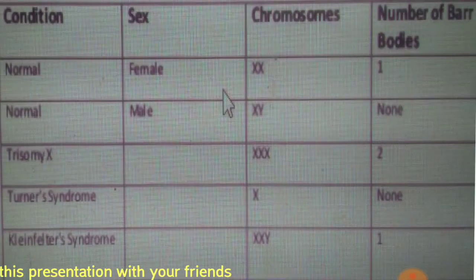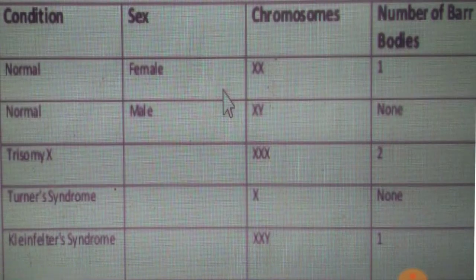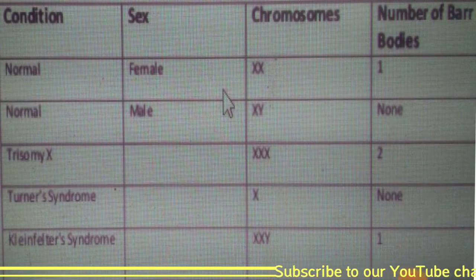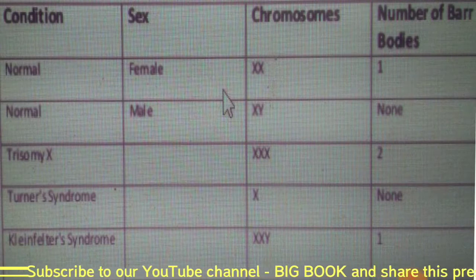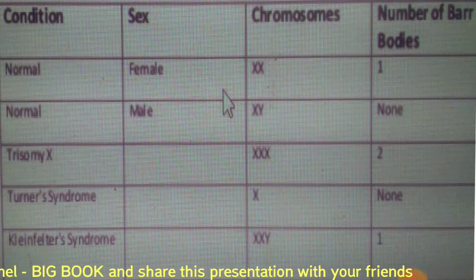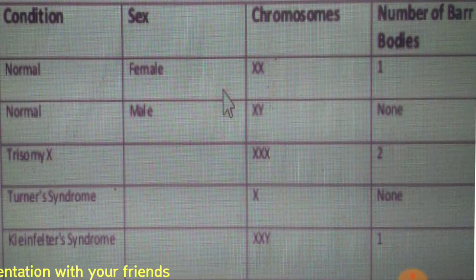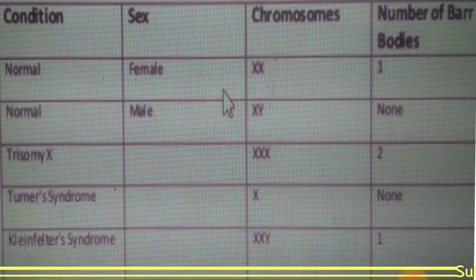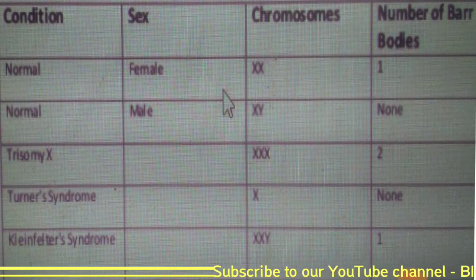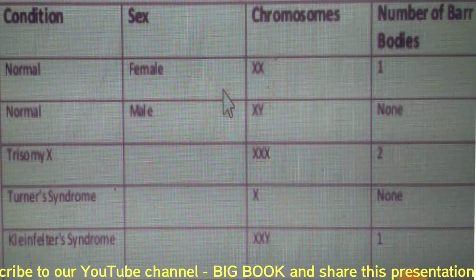So next slide. Here in this slide you can see the different examples. We have mentioned normal male and normal female. The normal female will have one Barr body, the normal male will not have any Barr body.